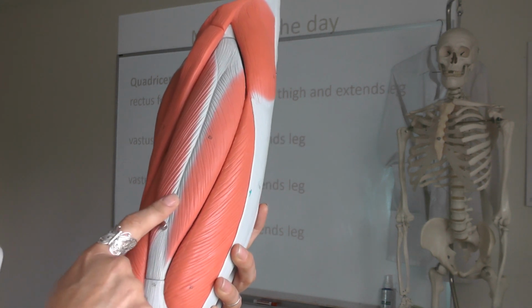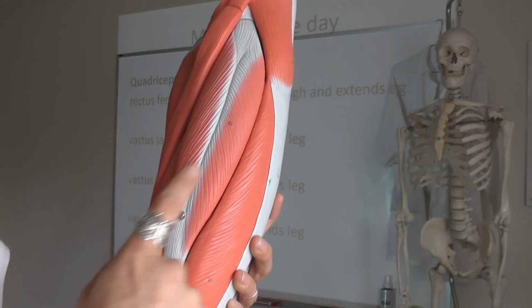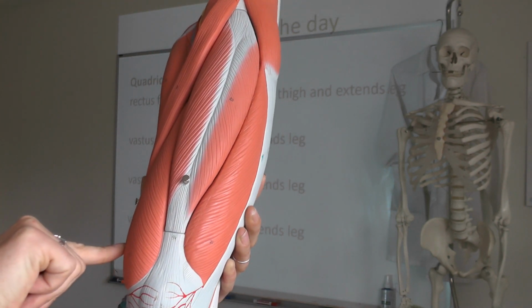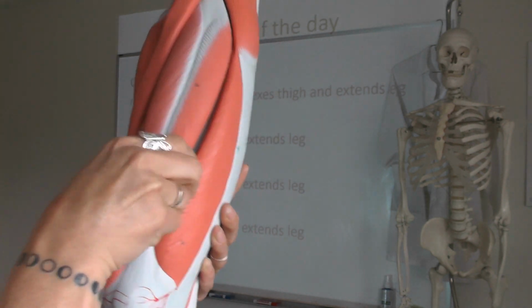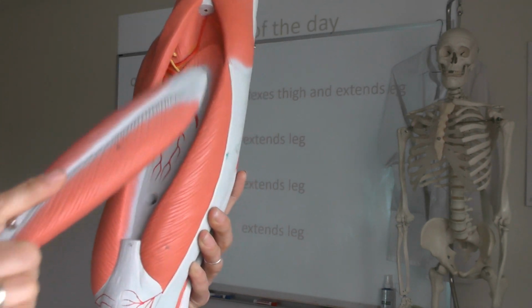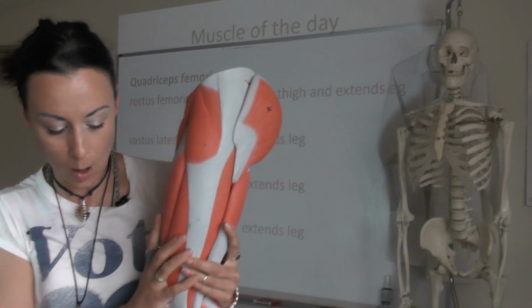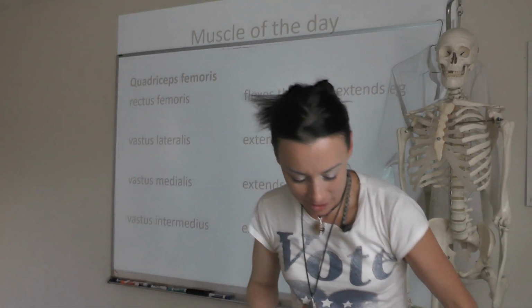So again, rectus femoris extends leg and flexes thigh, vastus lateralis extends leg, vastus medialis extends leg, and deep to that is vastus intermedius extends leg. We're going to breathe through each of them, their name and their action twice, and then call it good.